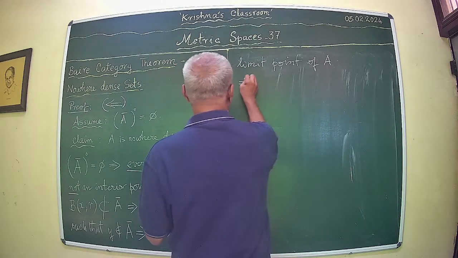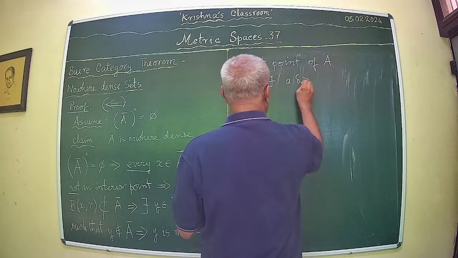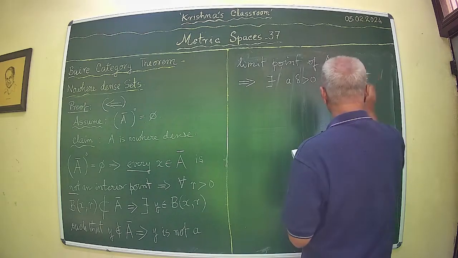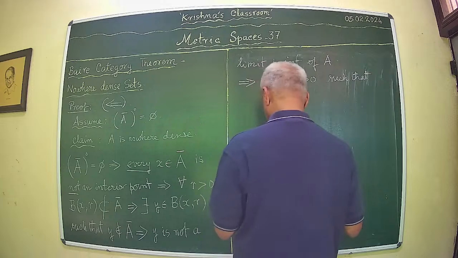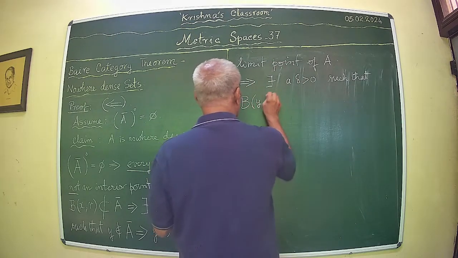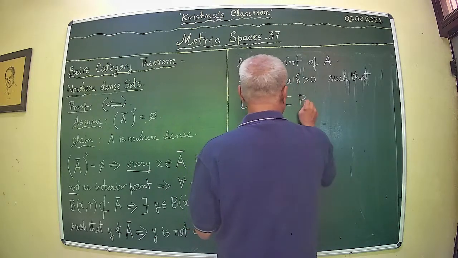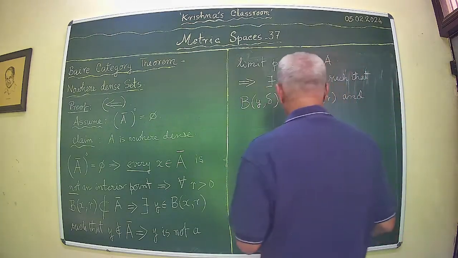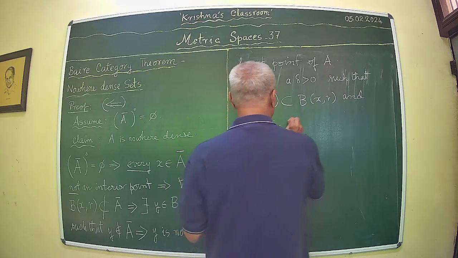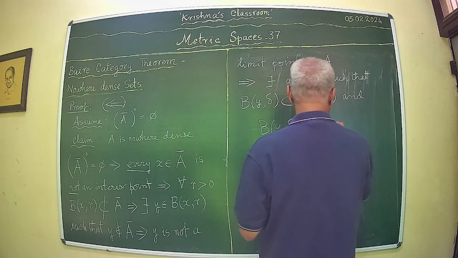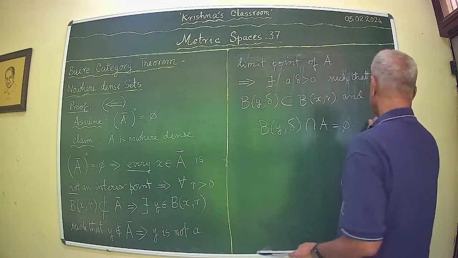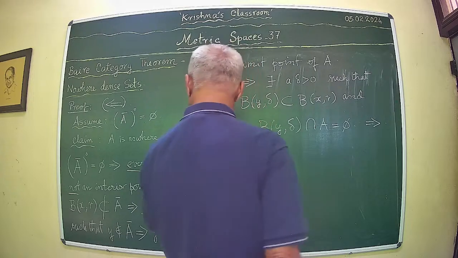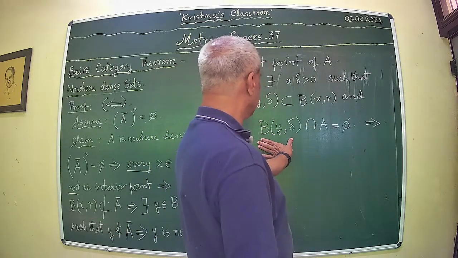This implies there exists a delta positive such that B(y,delta) is contained in B(x,r) and B(y,delta) intersection A is empty, and which implies, just apply the definition with U as B(x,r) and V as B(y,delta).